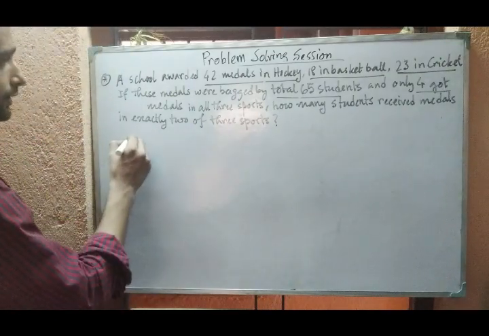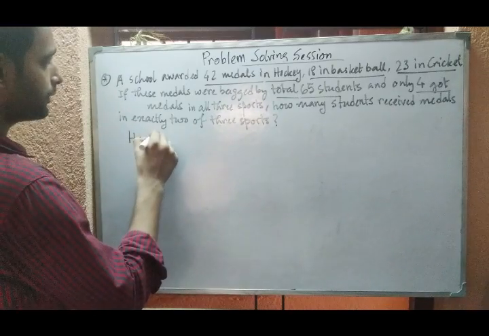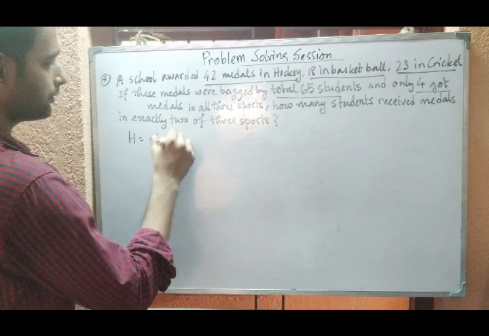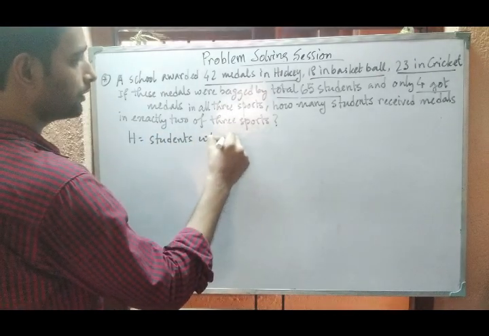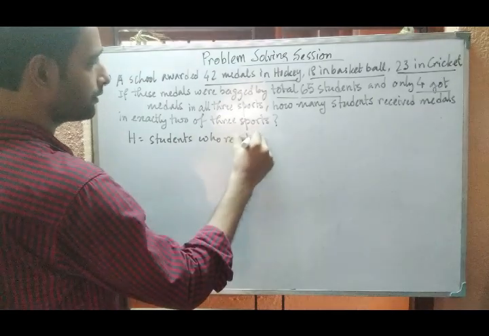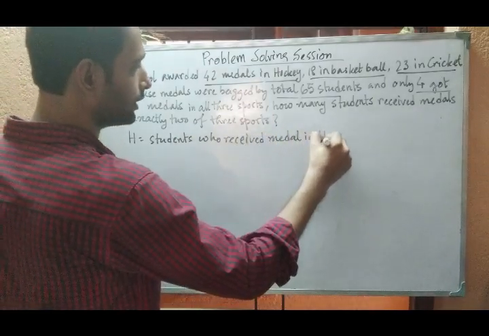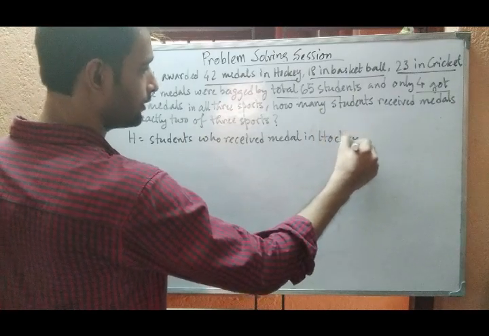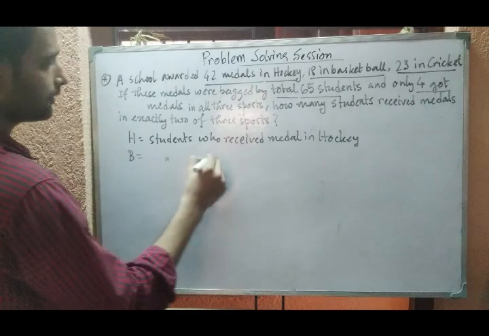So first of all we consider H, the set of students who received medals in hockey. The same goes for basketball, that is B.